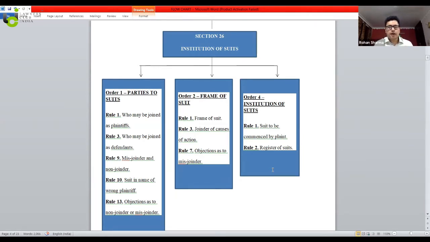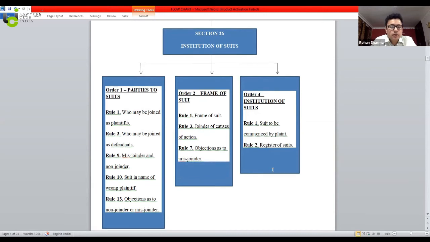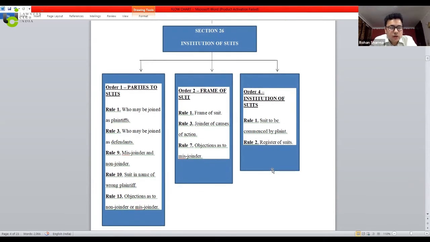Now, I would take you straight to Order 1 of Schedule 1 of the CPC, which talks about the parties, who all can be joined as plaintiffs, who all can be joined as defendants when you're drafting this plaint, what is the format, what you understand by misjoinder, and in what case the courts have powers in case there is a misjoinder and a non-joinder.